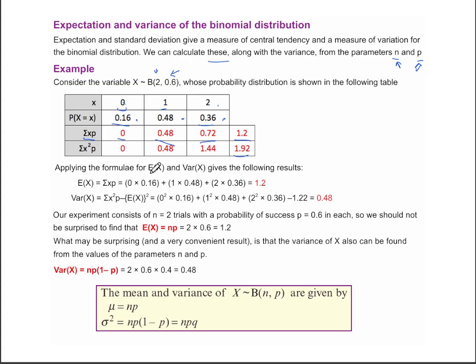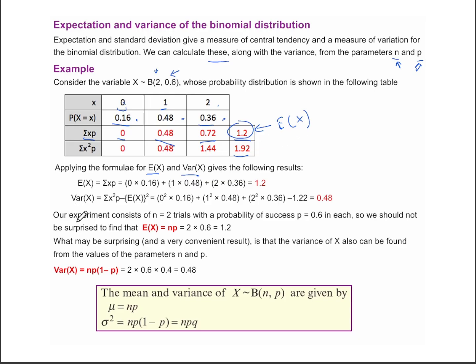Then we can apply the formulas which we learned in the previous section for the expected value of x and the variance of x, where x is a discrete random variable, and we will get the following results. The expected value of x is just the sum of your discrete random variable x multiplied by its probability, which is just my 1.2. That's going to be my expected value of x, or my mean.